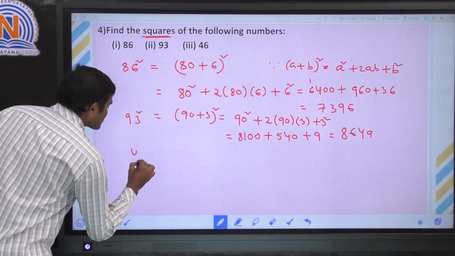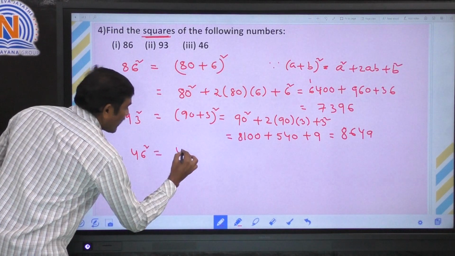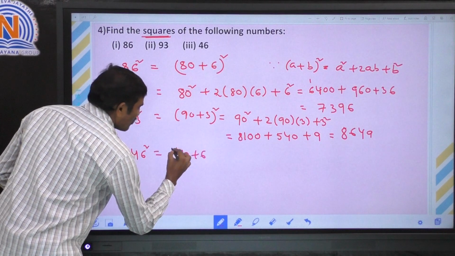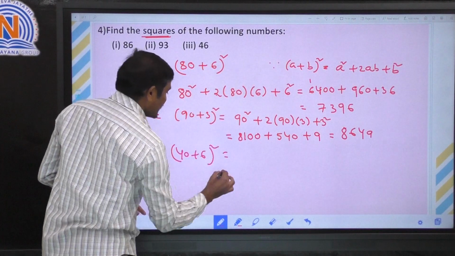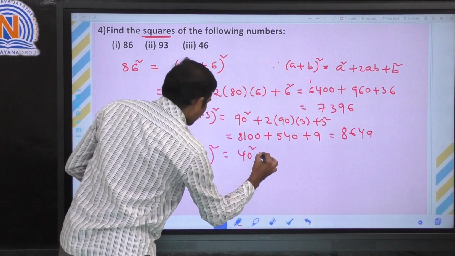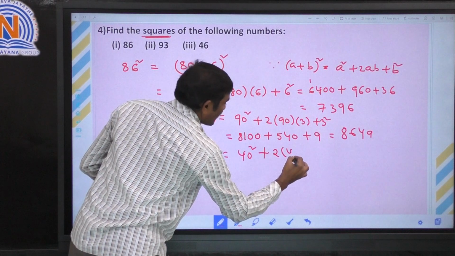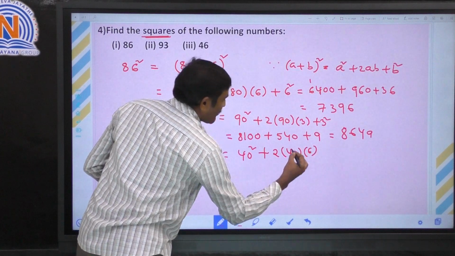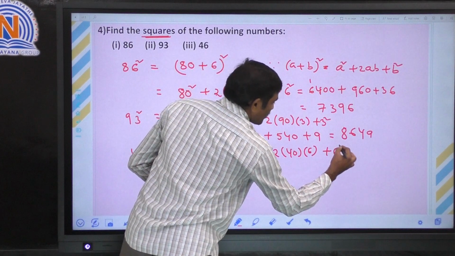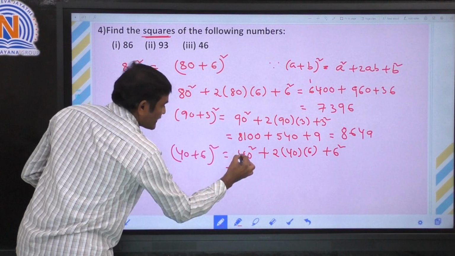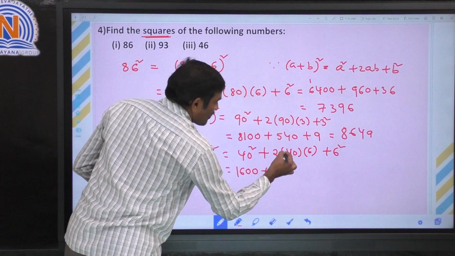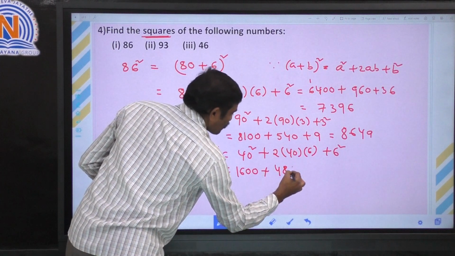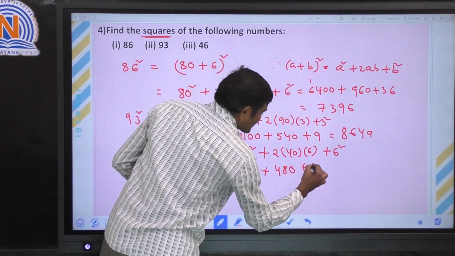So 46 square is equal to 40 plus 6 whole square. By using the same identity, 40 square plus 2 into 40 into 6 plus 6 square. So how can you simplify? 40 square is 1600, plus 6 2s are 12, 12 4s are 48, means 480, plus 36.